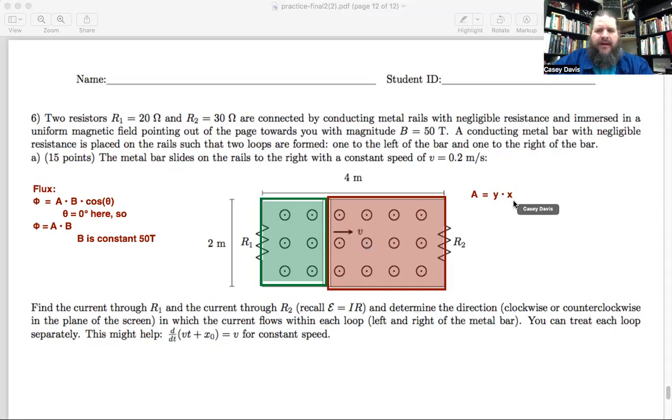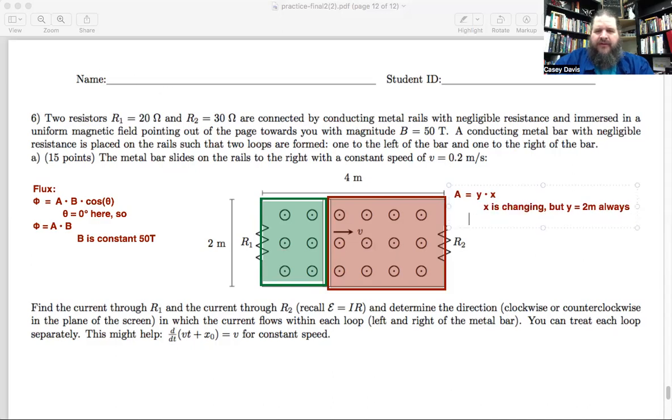Of the y value and the x value, the height and the width, which one is actually changing? The width is changing. Yeah. So x is changing, but y is constant, 2 meters. So the height here is always 2 meters, but the x is changing.